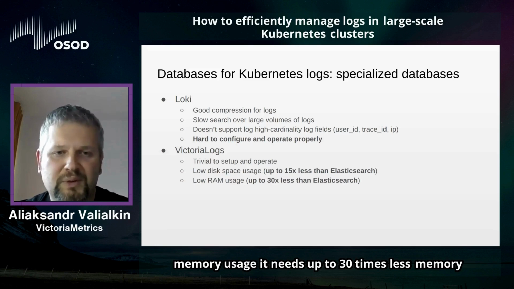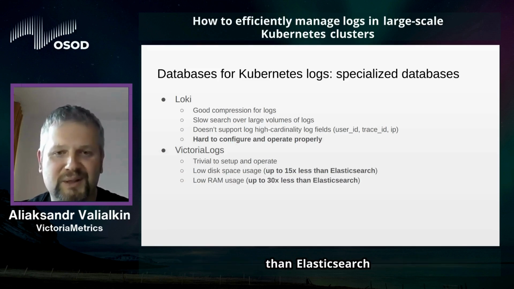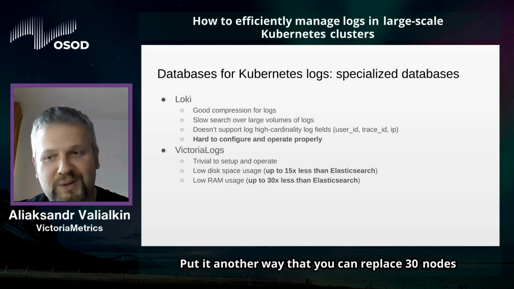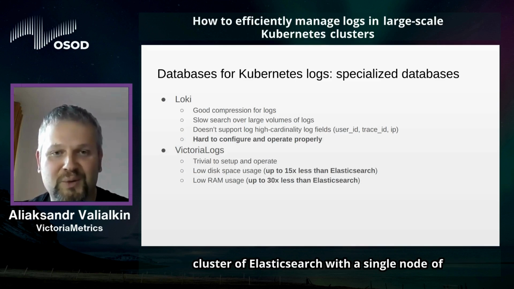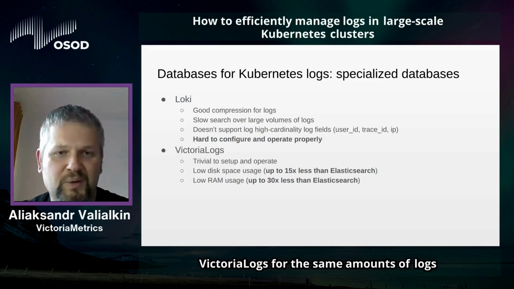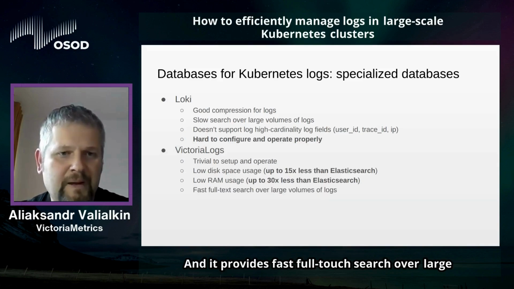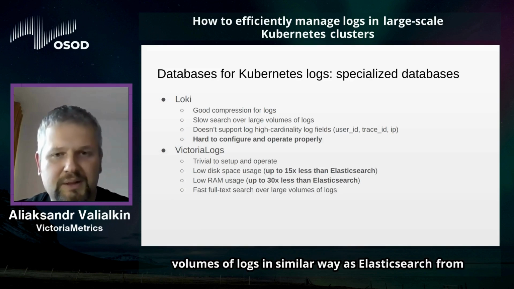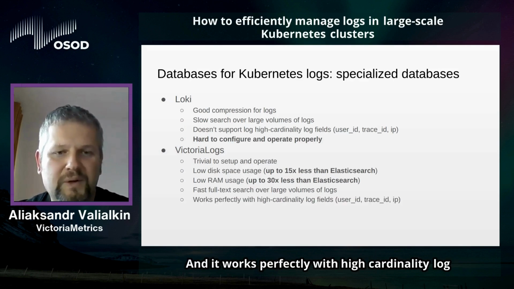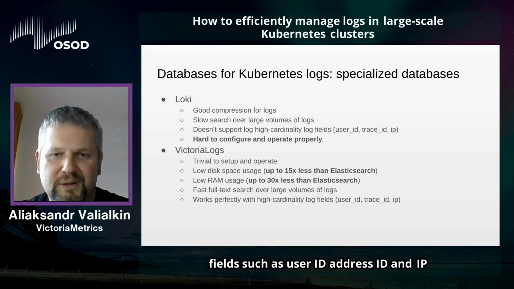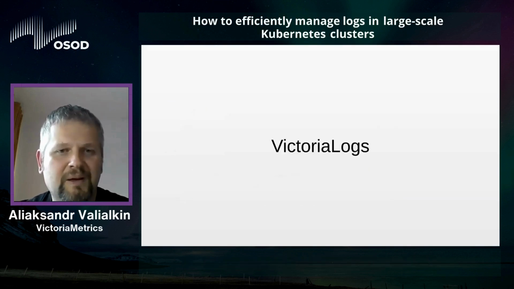It needs up to 30 times less memory than Elasticsearch. Put another way, you can replace a 30 node cluster of Elasticsearch with a single node of VictoriaLogs for the same amounts of logs. And it provides fast full text search over large volumes of logs, in a similar way as Elasticsearch from the user's perspective. And it works perfectly with high cardinality log fields such as user ID, trace ID, and IP.